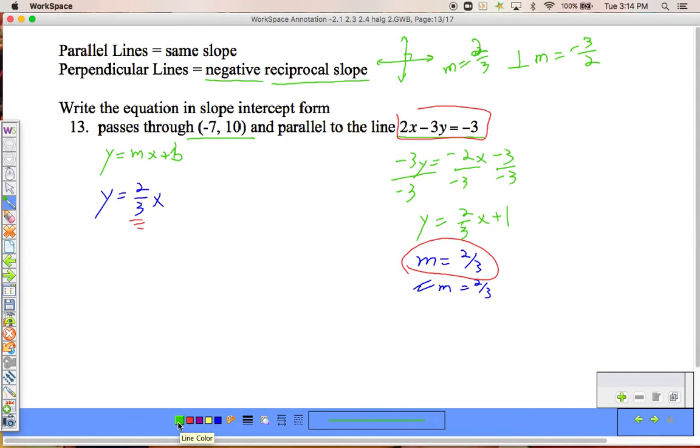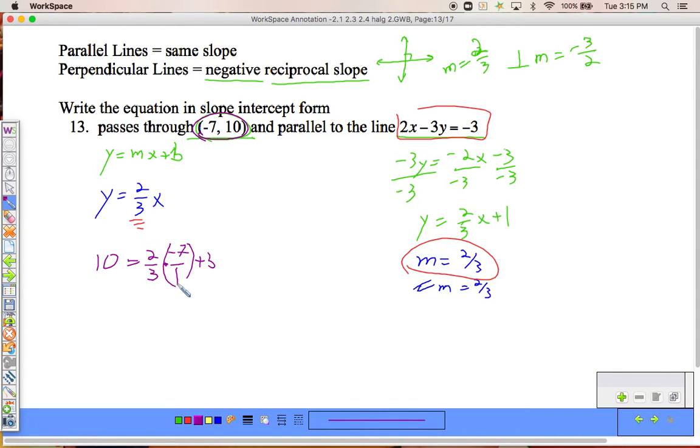Now, like we did in the last couple, I'm going to use this slope and my point to find my y-intercept for my new line. So I'm going to substitute the 10 and the -7 in.